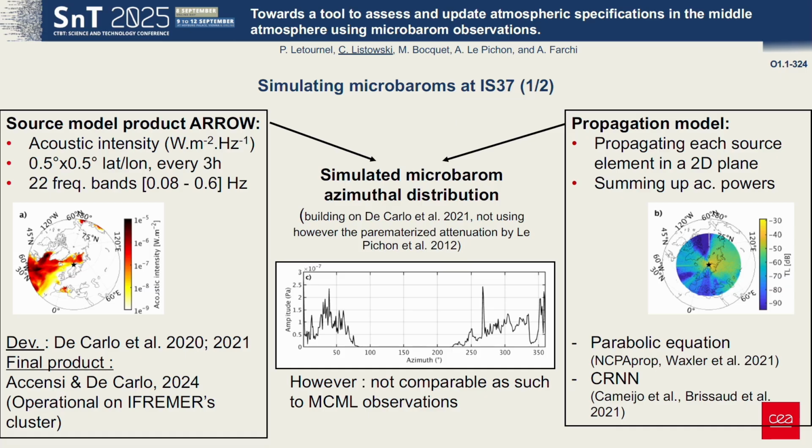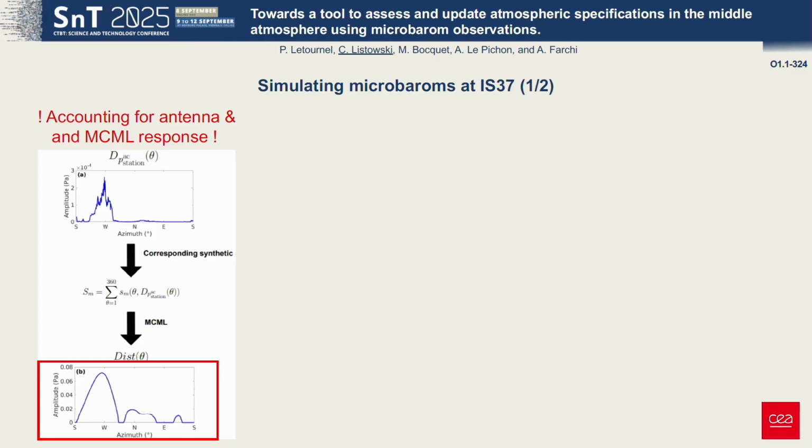So now, can we use this distribution to compare to the observation? As such, the answer is no, because we need to account for the antenna response and also for the response of the processing algorithm itself. The way Pierre does it is that he starts with a model distribution at the top. Then he generates synthetic signals for every direction that he sums up to come up with a signal.